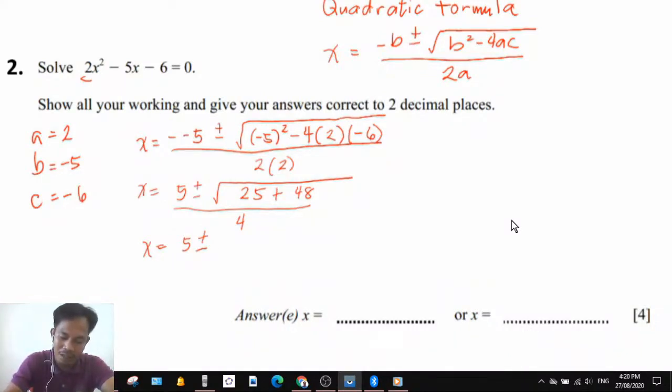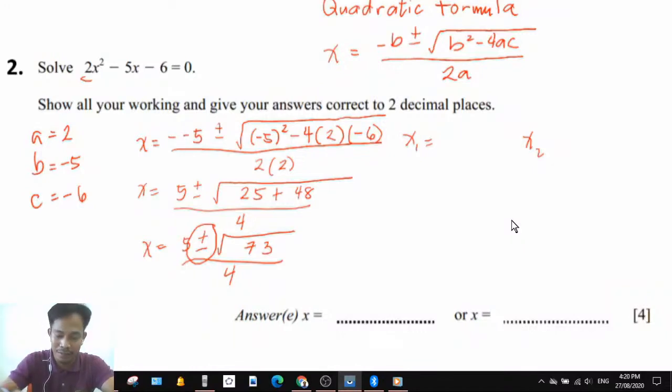It just means the first and the second solution. The first solution is you will use plus or addition: 5 plus the square root of 73 divided by 4. And the second solution is 5 minus, so you will use subtraction: square root of 73 divided by 4.